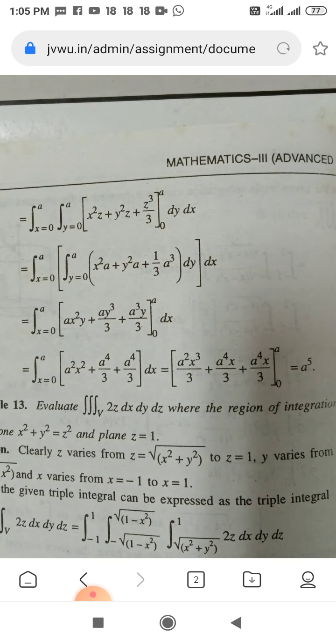So this is the next step of the integration, putting the upper limit a at the place of z.